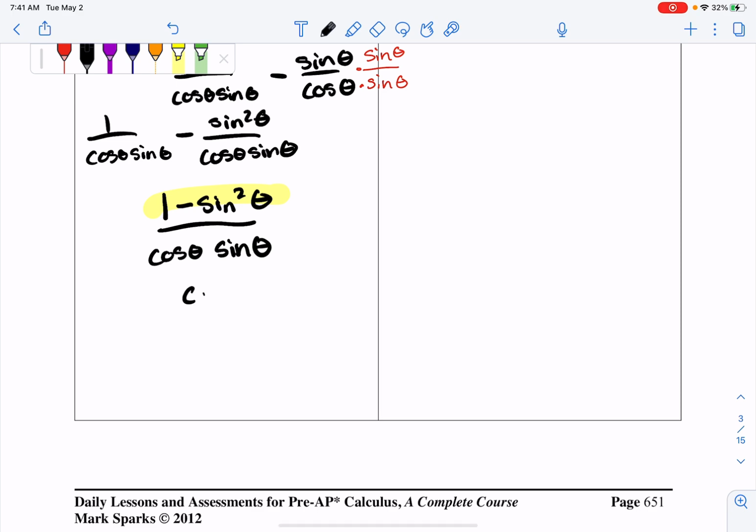So the top's going to become cosine squared theta because that's what 1 minus sine squared theta equals. Again, have your identity sheet in front of you, over cosine theta sine theta.